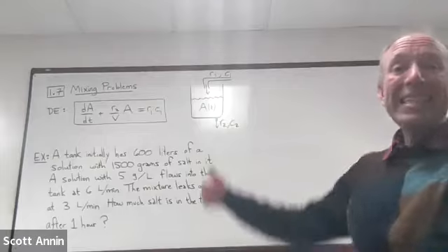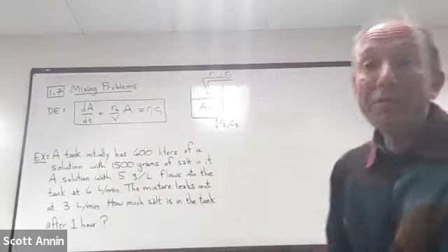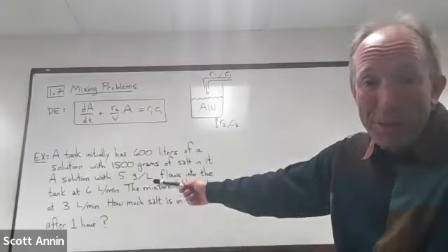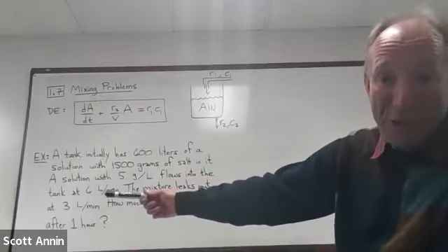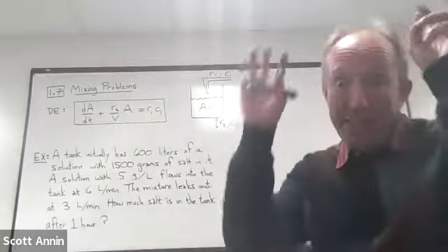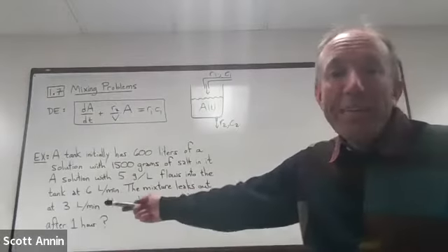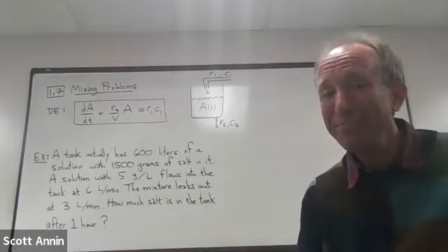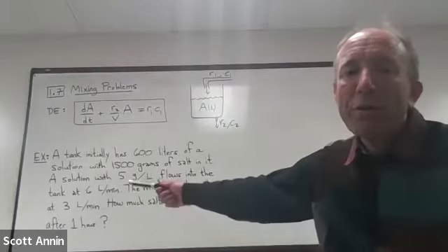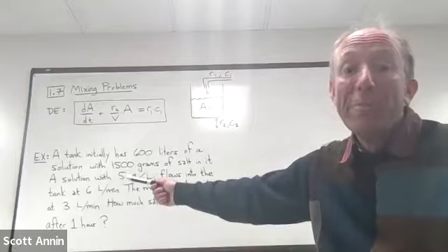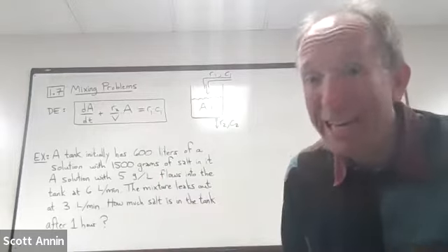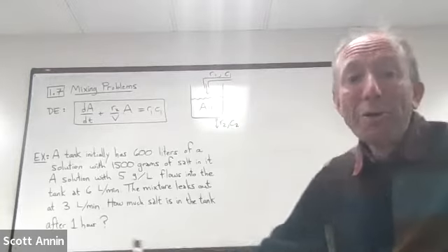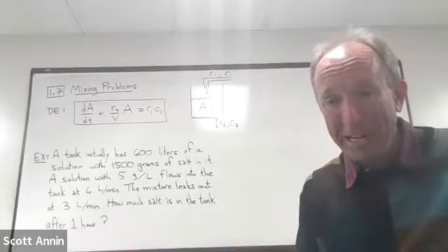Now, pouring into this tank is a stream of chemical that has 5 grams for every liter that flows into that tank. And let's assume that this faucet is turned on with a speed that delivers 6 liters every single minute. So you can see that every single minute there will be 30 grams of chemical delivered into this tank. At the same time, the mixture leaks out at 3 liters per minute.